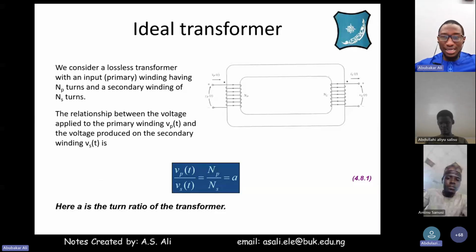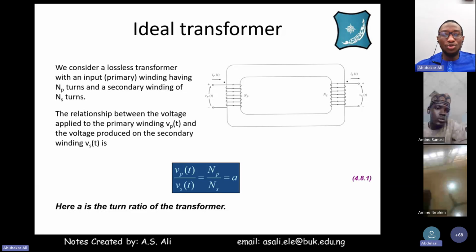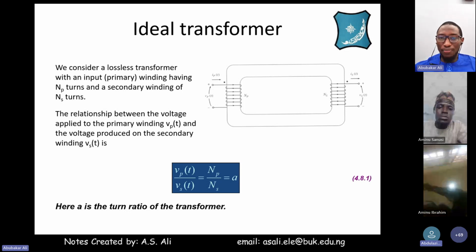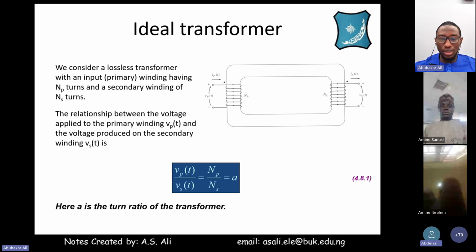When something is ideal, we mean that, all things being equal, this is how we want a transformer to behave. By studying an ideal transformer, it will give us an idea of how we can analyze our practical, realistic transformers. Okay?